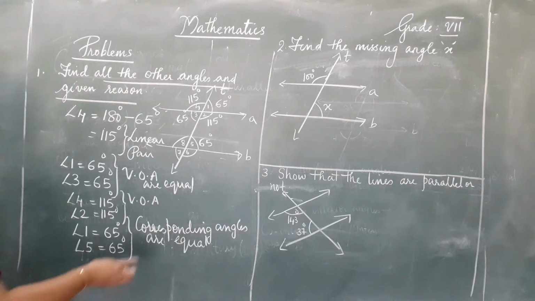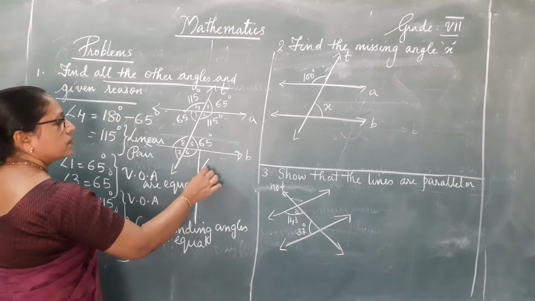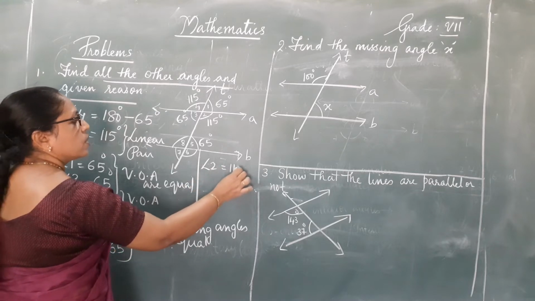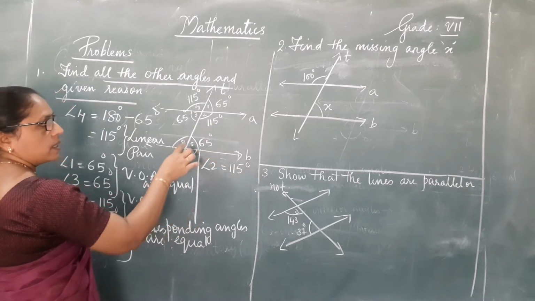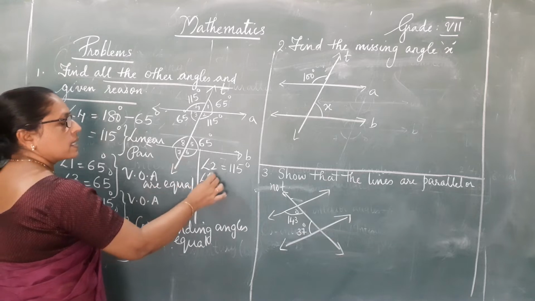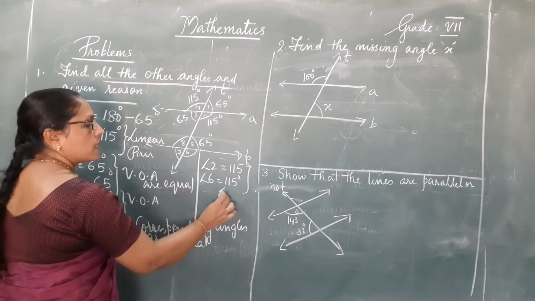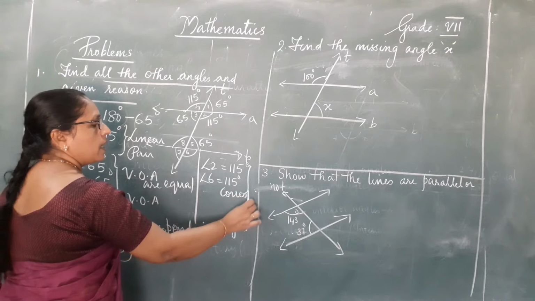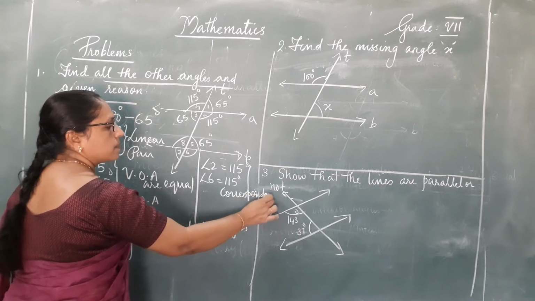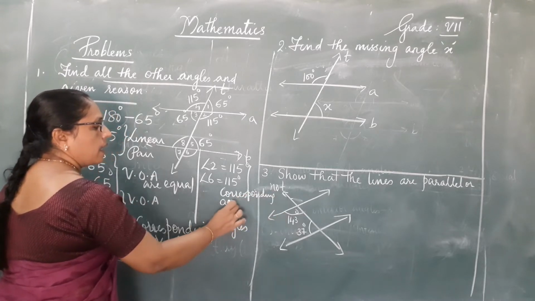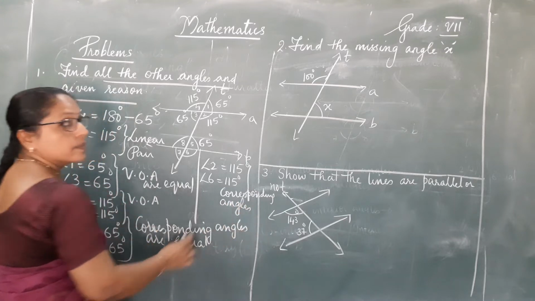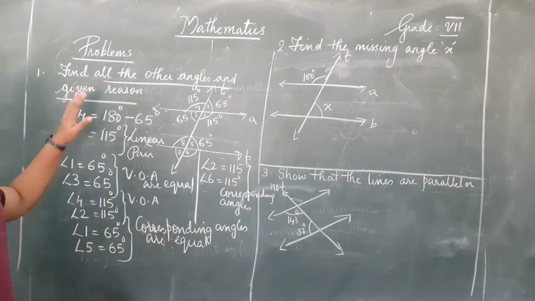Angle 2 is 115, so you can write angle 6 also 115. So what can we write? Corresponding angle 6 is also 115. The reason is the same: corresponding angles. Okay, so this much is clear.